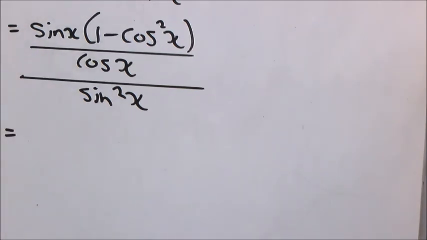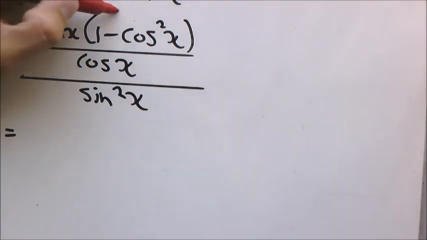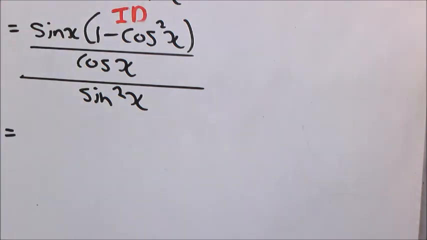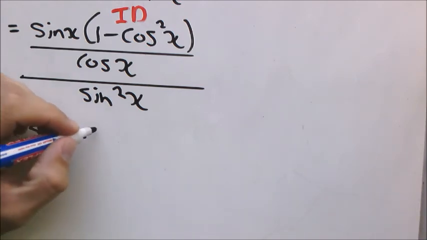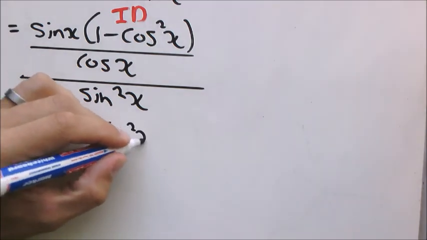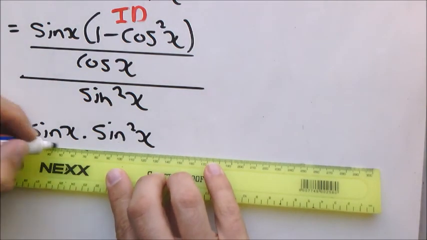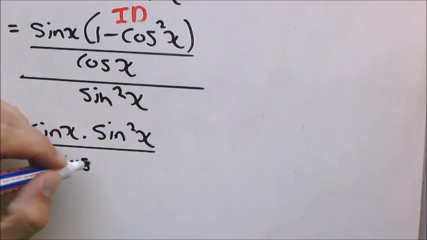Okay, we see an identity right there in the bracket. So sin x times sin squared x divided by cos x.